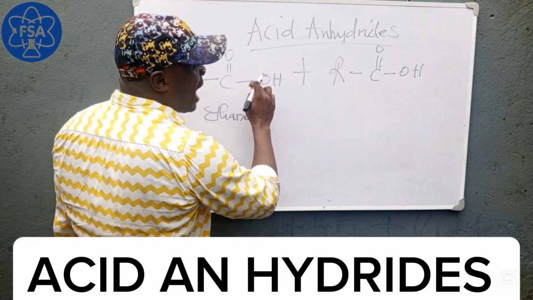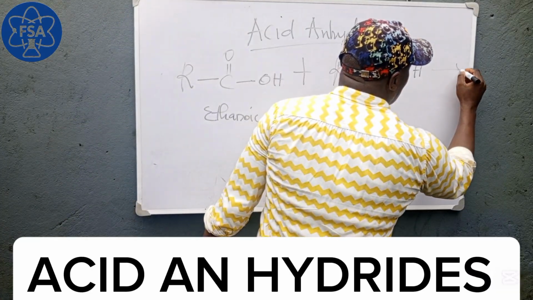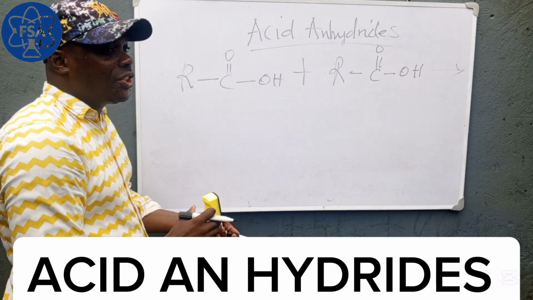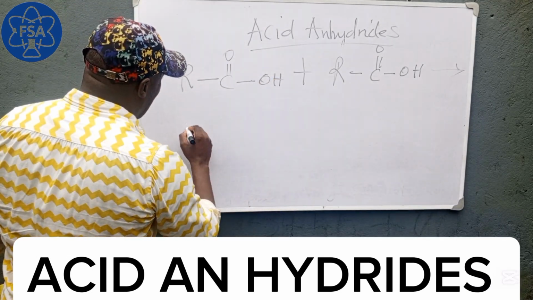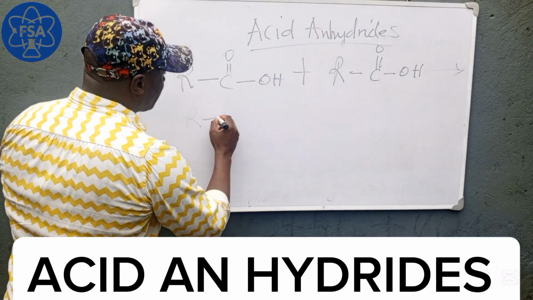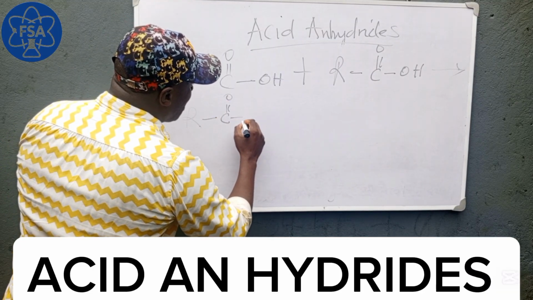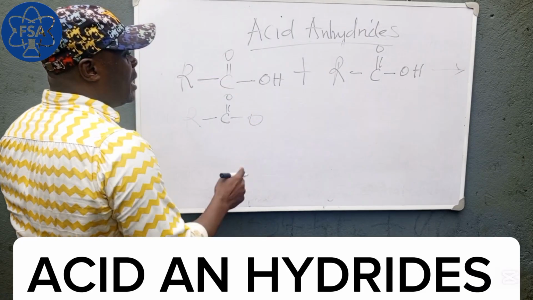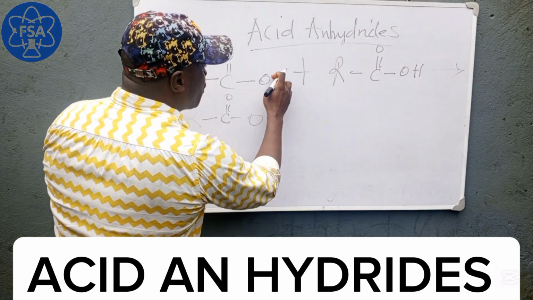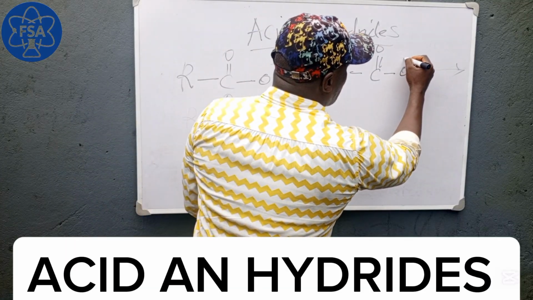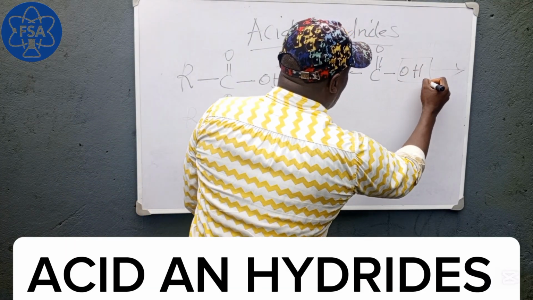So when this and this react together by means of dehydration, we now have C double bond O, and O. Then in this other one, we lost one of these, and we lost this out.